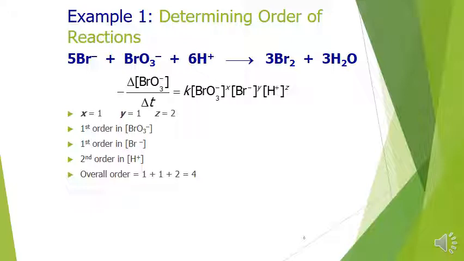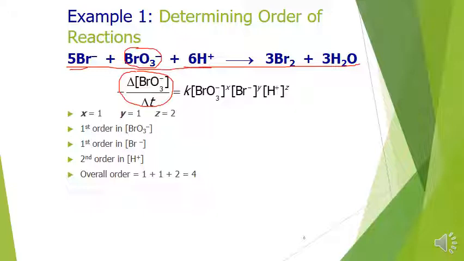Okay, so example 1, determine the order of reaction. So here's that chemical reaction. You could write it out in terms of only the change in BrO3, or you could do it in terms of the other ones. This is the rate, and this is also the rate as well.